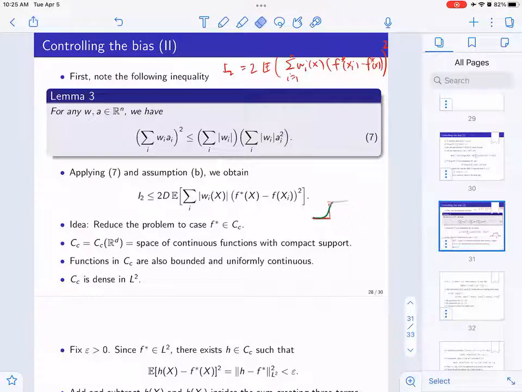It's an interesting real analysis point. I encourage you to look it up if you don't know. So the plan is to reduce to this case.